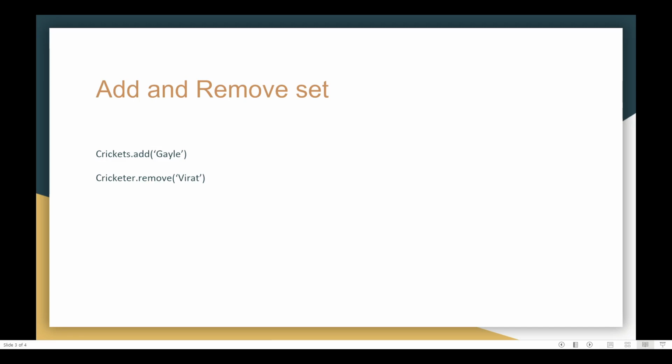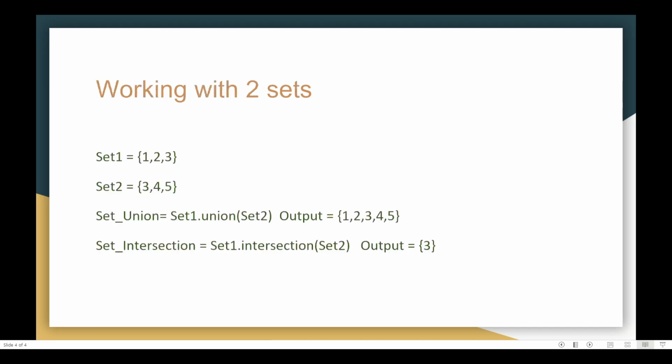Now we can add a particular element in a set, or we can even remove an element from the set. Cricketer.add Gale will add an element in the cricketer variable, and cricketer.remove will remove a particular element from the variable.